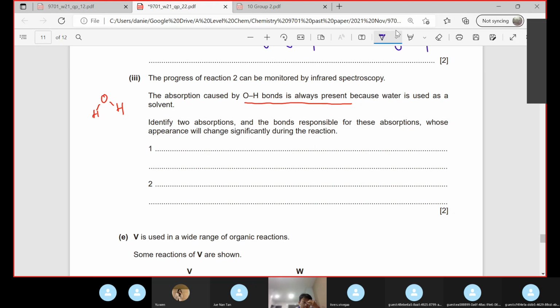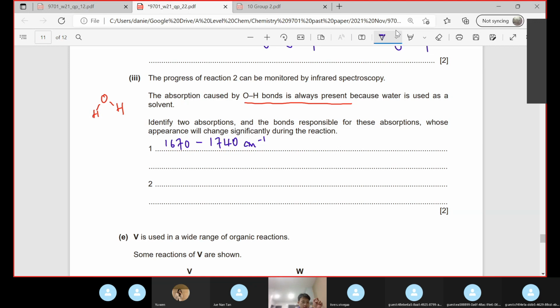I remember there is a slight difference compared to your current one, which I already modified in the notes. So this one I refer to the old version. So the answer is 1670 to 1740 wave number. This is what we can observe, the absorptions.